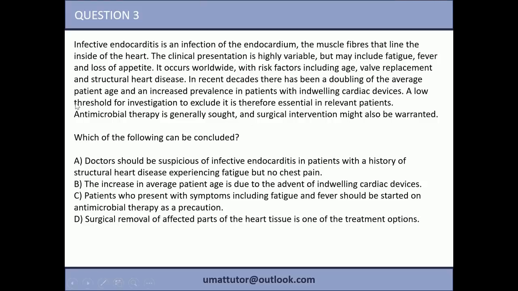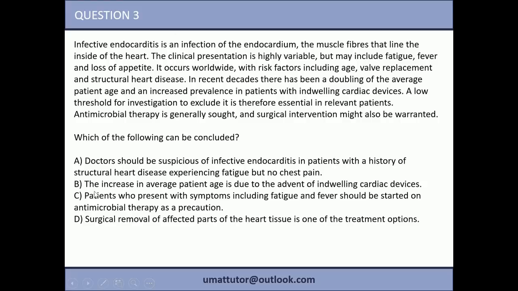So you really need more information about how the condition is managed and diagnosed to come to a conclusion about whether or not they should be started as a precaution, particularly with fairly vague symptoms like fatigue and fever, which could be a range of other things.